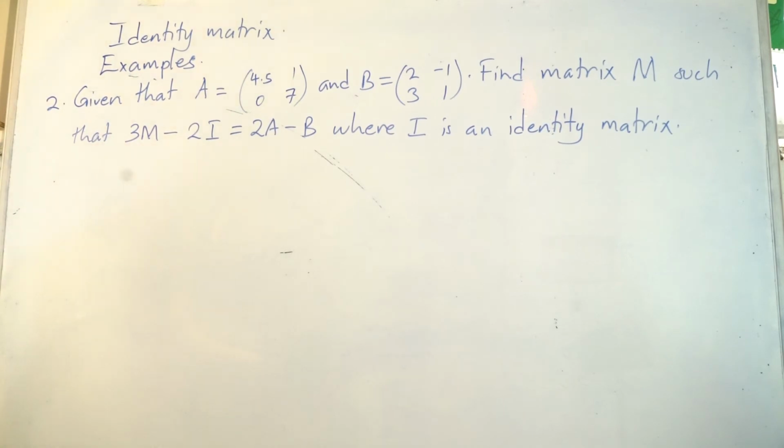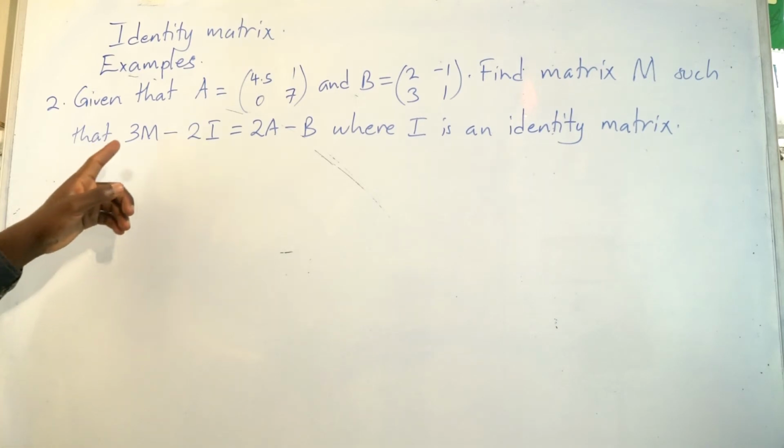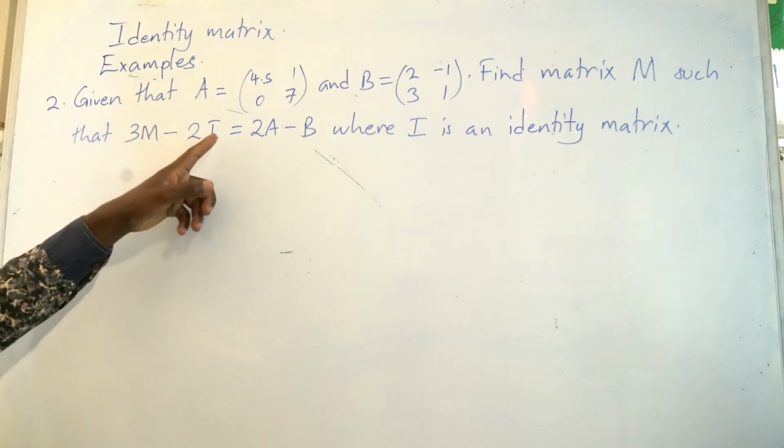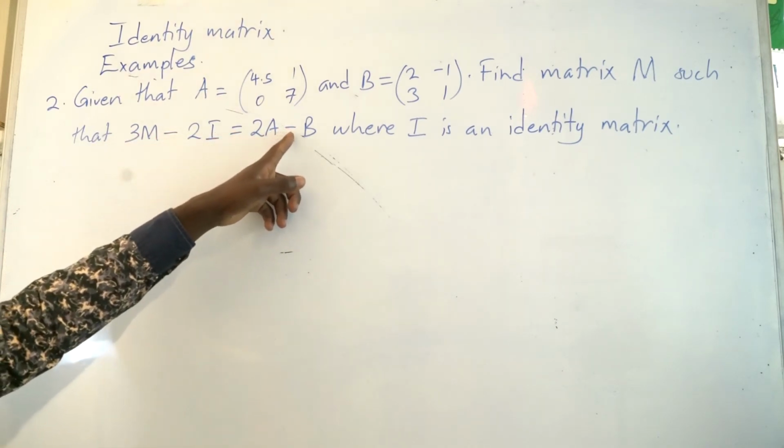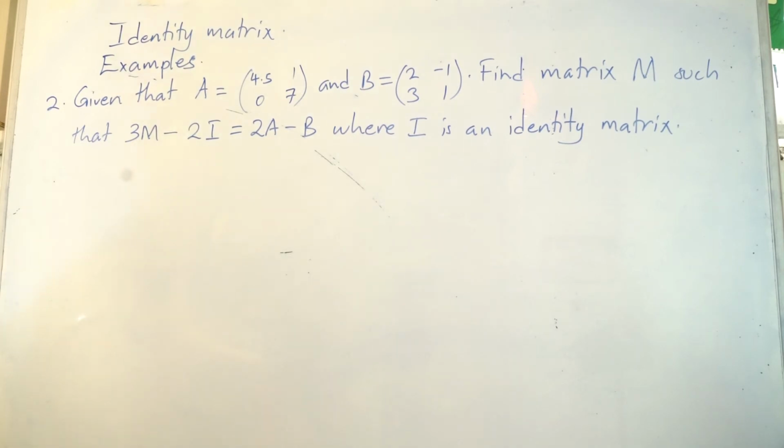So example 2 is involving so many things now. Given matrix A, which is that, matrix B is that, find matrix M such that 3M minus 2I is equivalent to 2A minus B. So it involves the identity matrix, multiplication by a scalar, addition, subtraction, all that is involved in example 2.